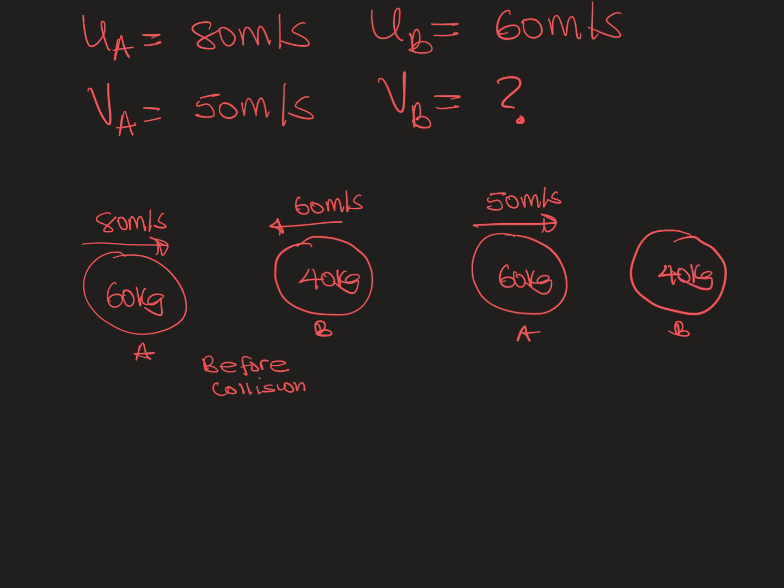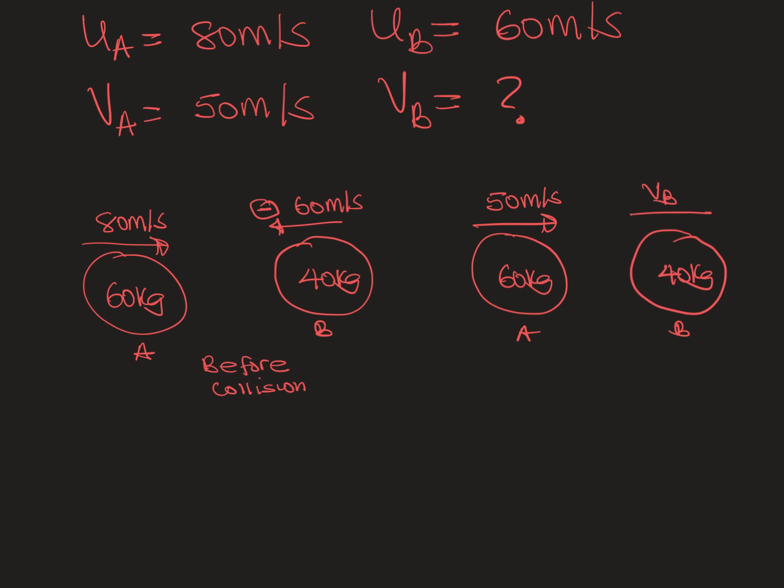What is clear is its initial direction is towards the left, so it is going to have a negative velocity. But we don't know its direction after the collision. We're going to calculate that. That is VB.